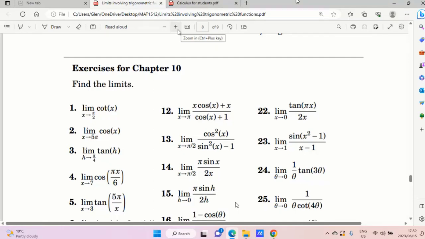Here we need to evaluate tan of 5π over x. As x approaches 3, in the bracket we have 5π over 3. I then asked Lerato to tell me what is π over 3 in degrees, and Lerato said it is 60 degrees. Do you agree with that or disagree?